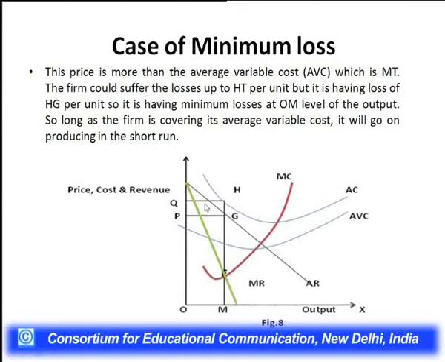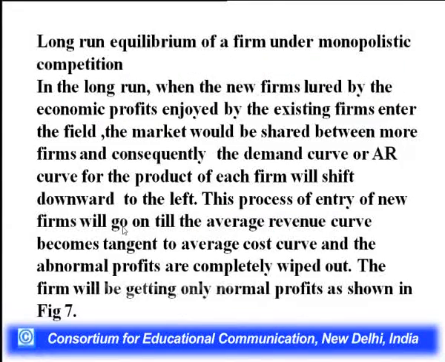So that is why the firm will go on working. Even if it gets only average variable cost, then also it will be working. So here the losses are minimum, but the firm is under equilibrium.